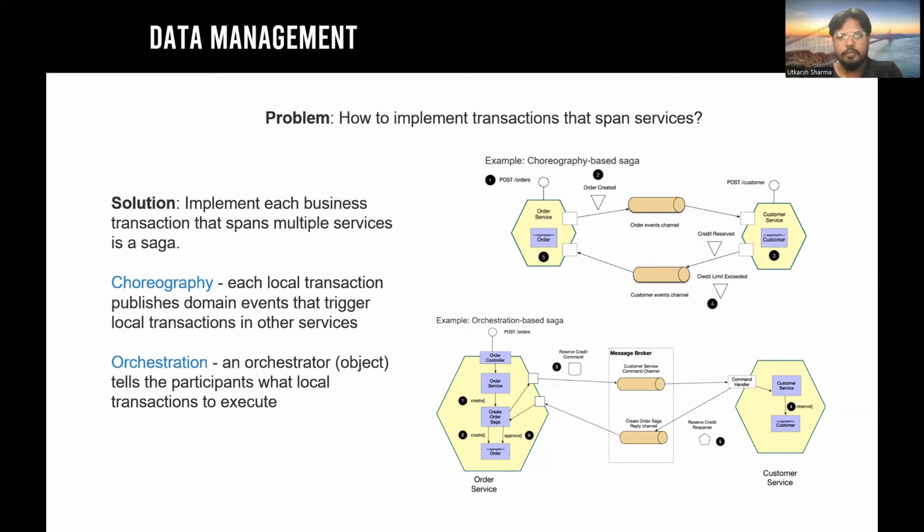The second approach is orchestration based. In that case, we create an orchestration layer that is responsible for orchestrating different threads. Let's see this diagram. If you want to create an order, you need customer information, you need payment information, and you even need inventory information, like whether the product is available or not.